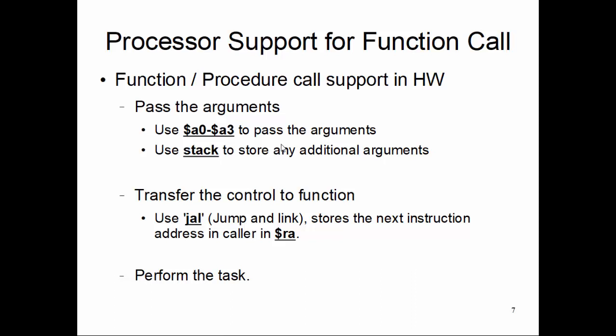But anyway, we pass the arguments through four registers, A0 to A3. We can also pass additional arguments through the stack. Again, this is the convention. We will see one example in the next lecture. We don't really need to pass all of them through A0 to A3 first. We can pass zero arguments through A0 to A3 and pass everything through the stack, or one argument through A0, or A1, or A2, or A3, and the rest of the arguments through the stack.